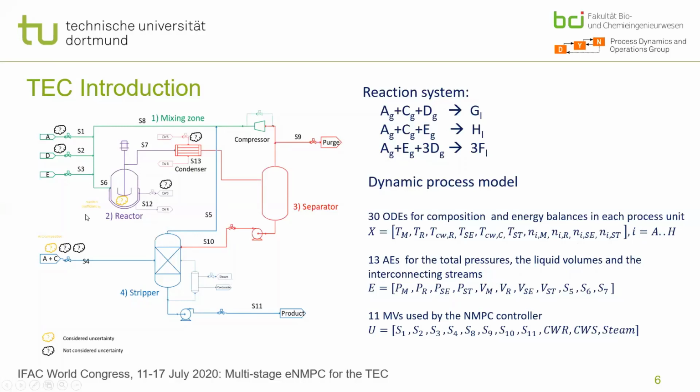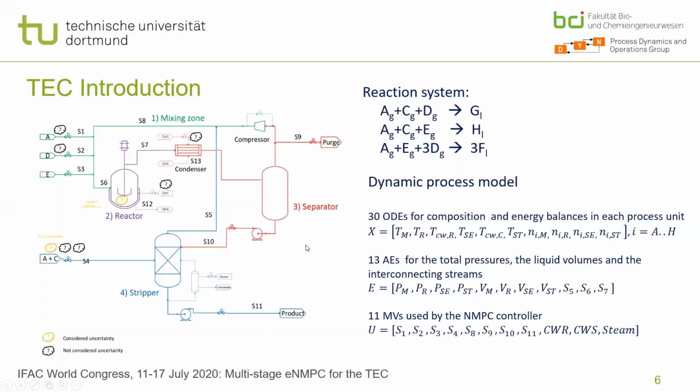The manipulated variables for this process are the educts, these 4 streams. We also have the cooling water in the reactor jacket and in the condenser. We have the steam in the stripper, and also, as provided by the authors of the original paper, we assume that we can also manipulate the streams 8, 9, 10, and 11 directly.